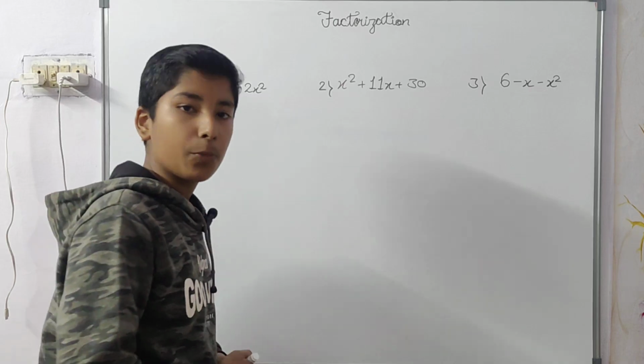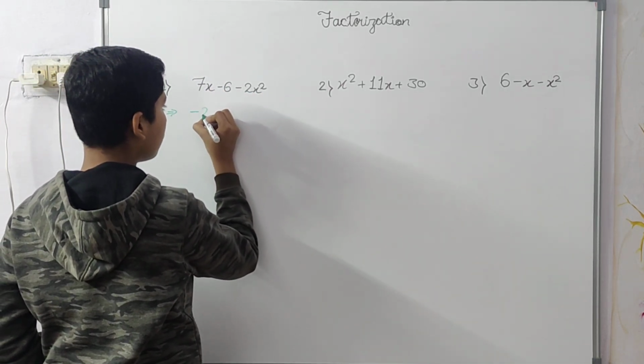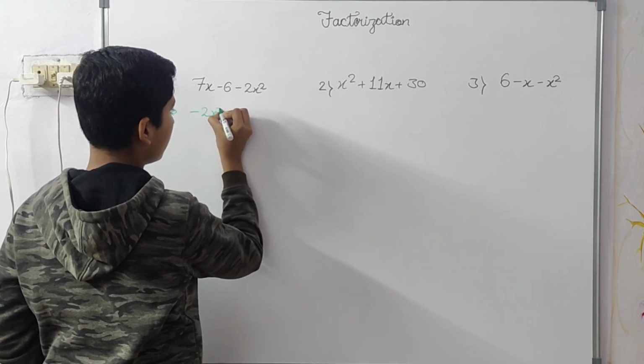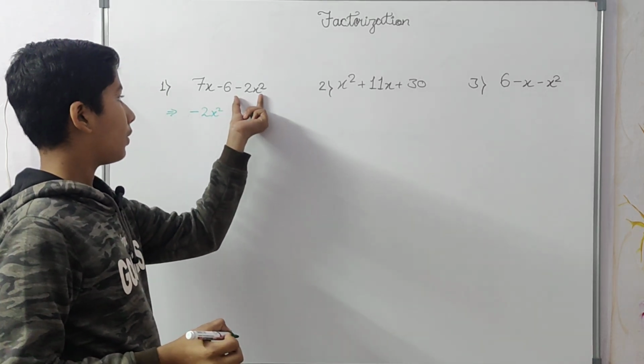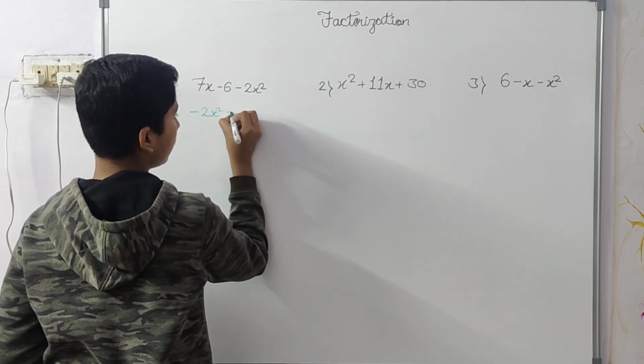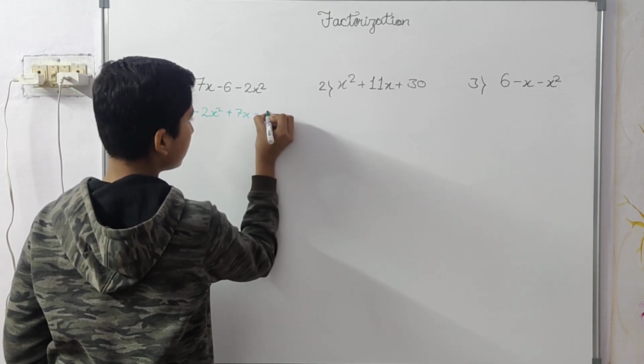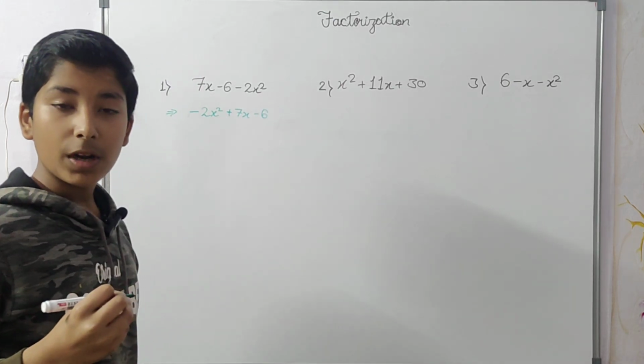By the way, this is the topic of 10th class. So ax square will be first, meaning minus 2x square. Don't write 2x square, because the minus will also come first. Minus 2x square plus 7x minus 6. What was the first step?